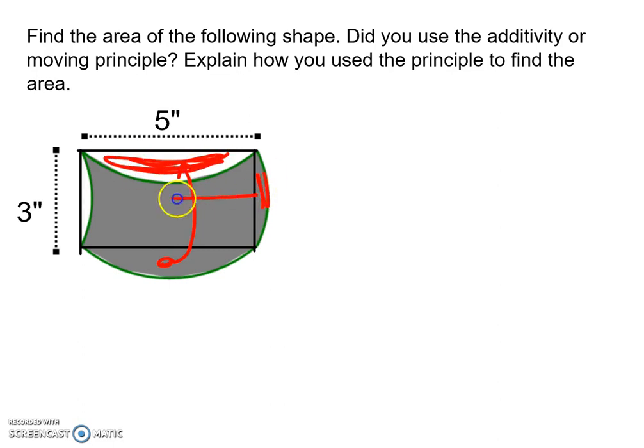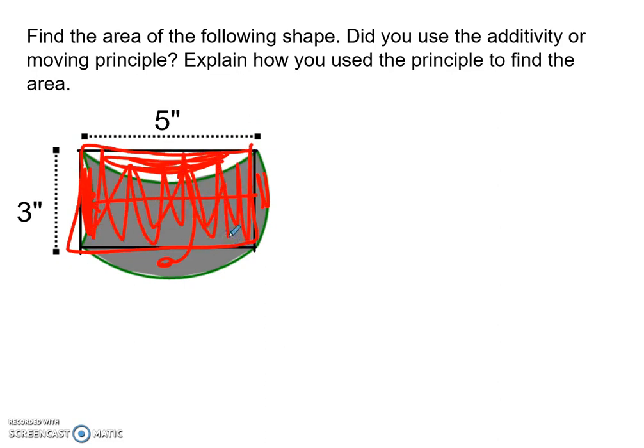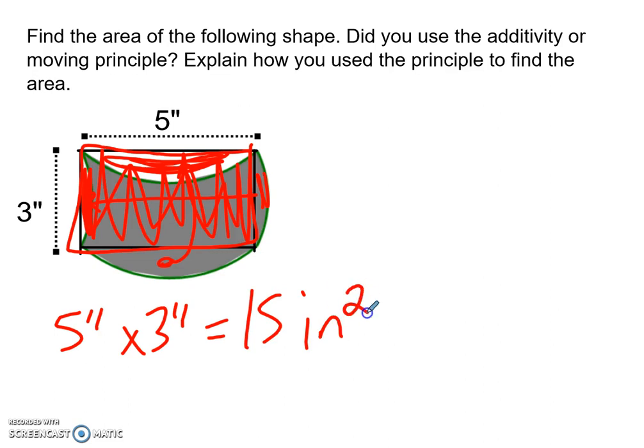And take this piece, shift it to that little curve, and what I really have is this rectangle. And that's very easy to find, because that's 5 inches by 3 inches, which is 15 square inches.